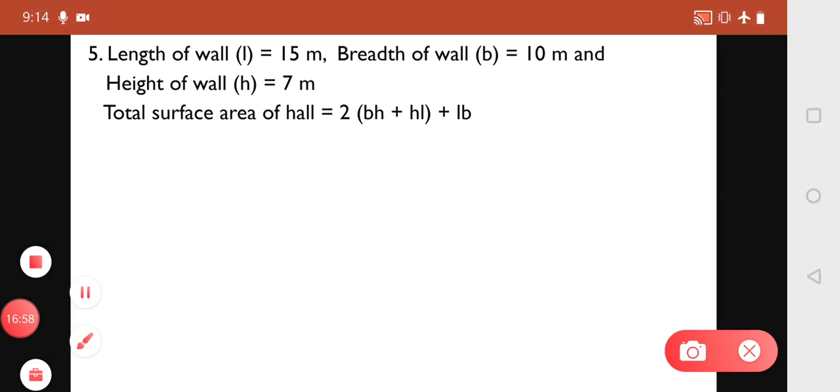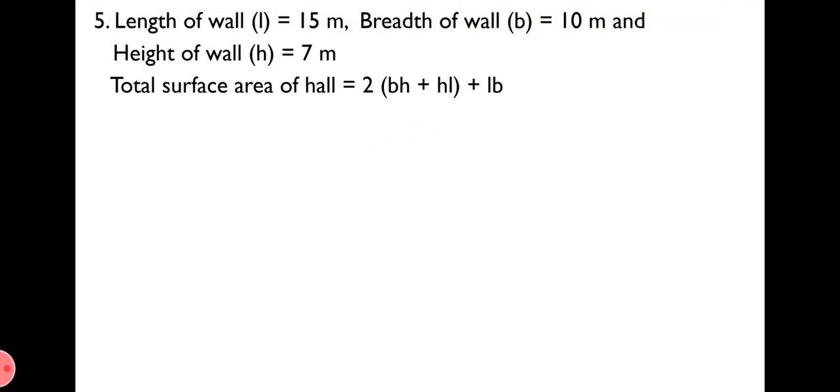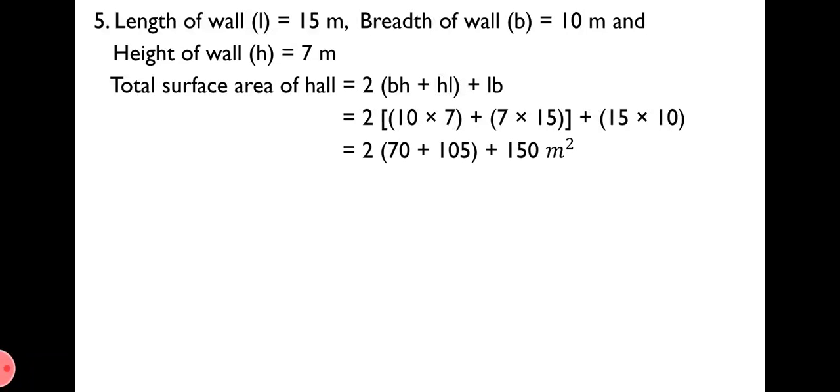Twice BH plus HL is the 4 walls area, and LB is the area of the ceiling, that is the top face. Inserting the values, twice 10 into 7 plus 7 into 15 plus 15 into 10, that is equal to twice 70 plus 105 plus 150 meter square.